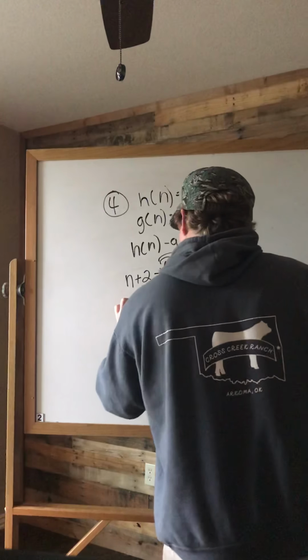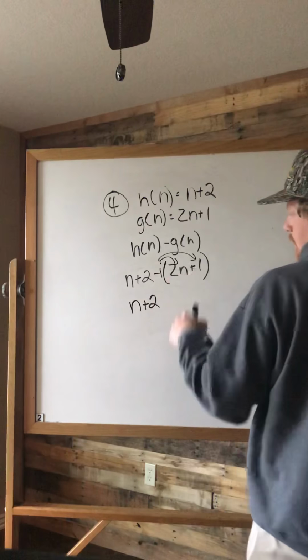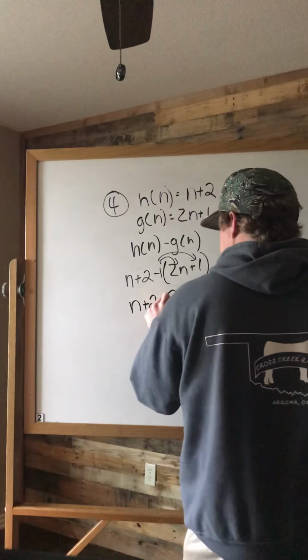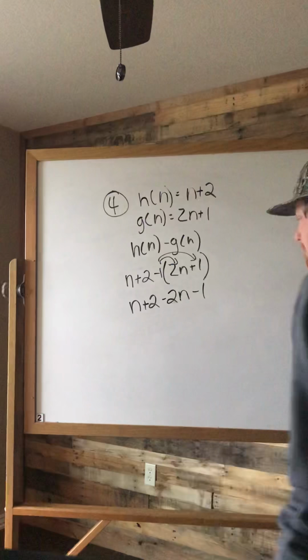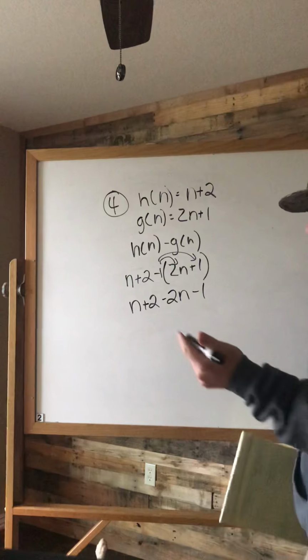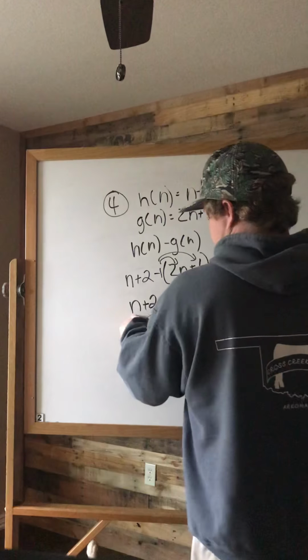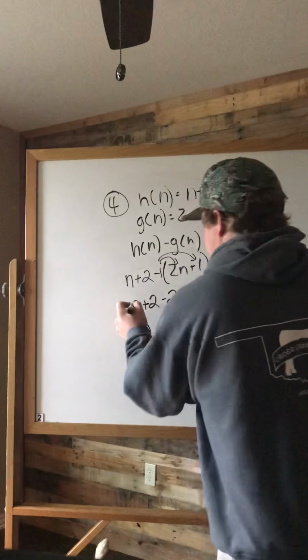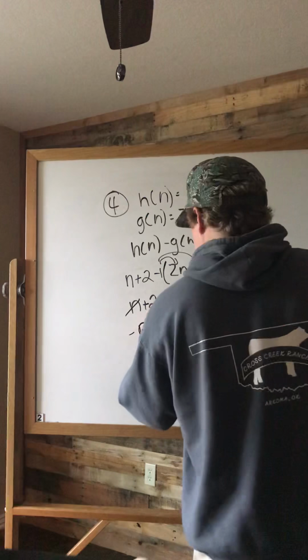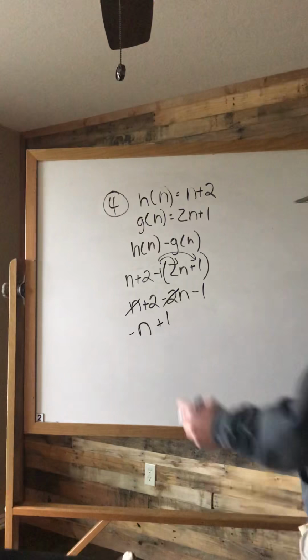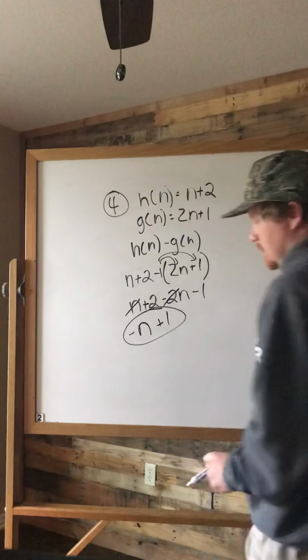We get n plus 2. Negative 1 times 2n gives me negative 2n. Negative 1 times 1 gives me negative 1. Once again, get down to this step, combining like terms. Negative 2n plus n gives me negative n. 2 minus 1 gives me 1. And once again, that is the answer we're looking for right there.